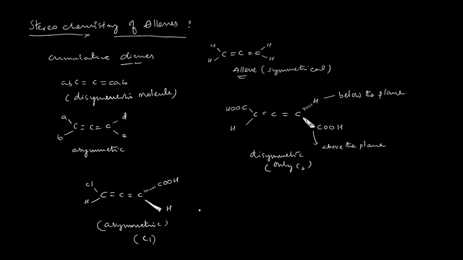So we can assign R and S configuration to these allenes by applying CIP rules. Okay, let us discuss RS nomenclature of allenes.